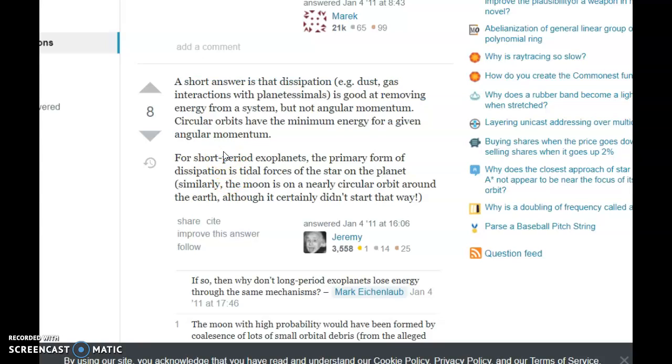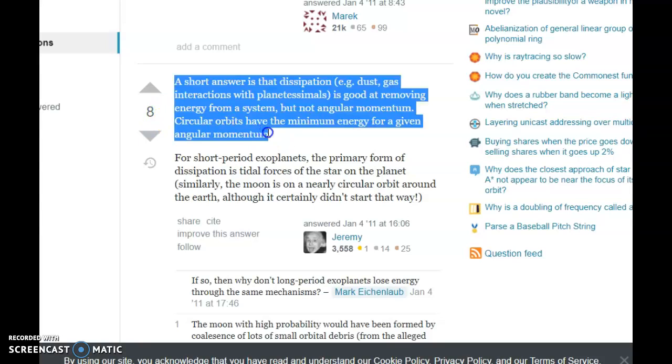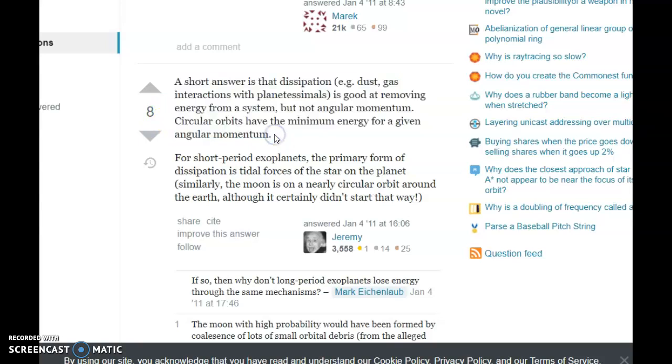And they also put in here that over the development of the solar system, as the planets perturbed, which means gravitationally also disturbed each other's orbits, they actually put themselves into circular orbits. And again, it probably goes back to this particular statement here. Circular orbits have the minimum energy for a given angular momentum.